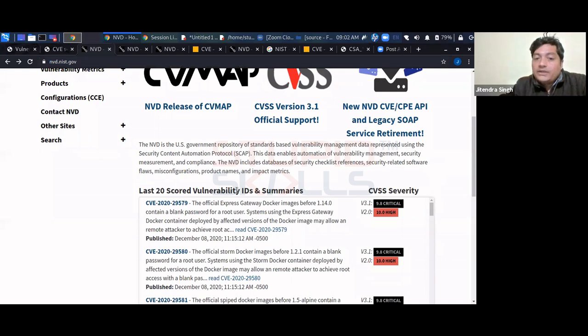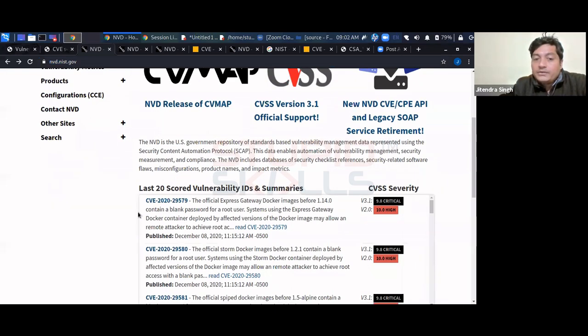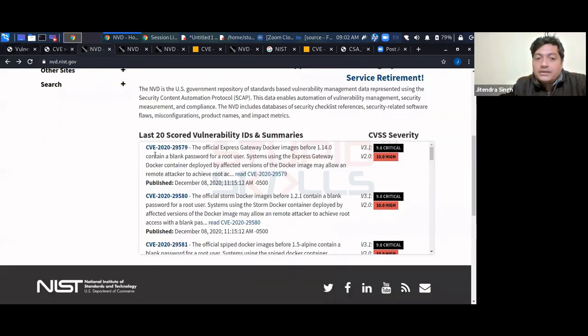the last 20 vulnerability IDs and summaries are given here. So you would see that they have a format, like they give an identification to a vulnerability, and some kind of a summary is also given. And if you click on the link, you can go and read about it.